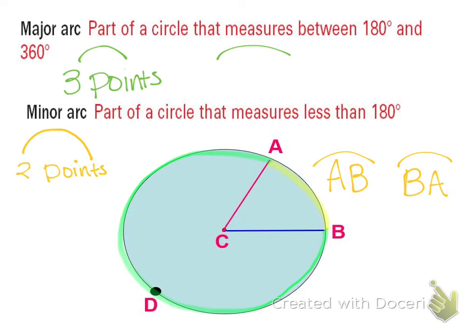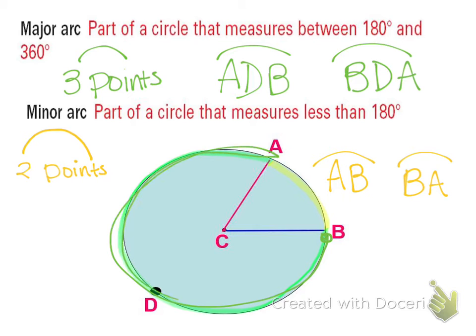So we could start at A, just to make it easy. The arc starts at A and goes in the direction of what letter? D, and then ends at what letter? B. You can reverse it and say B, D, A, but you have to make sure that you go in the correct order. A, D, B, B, D, A. Okay. So this is how you name them.